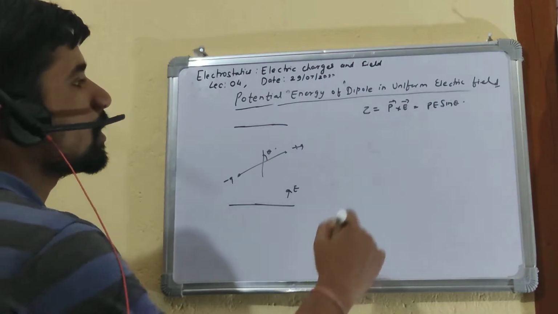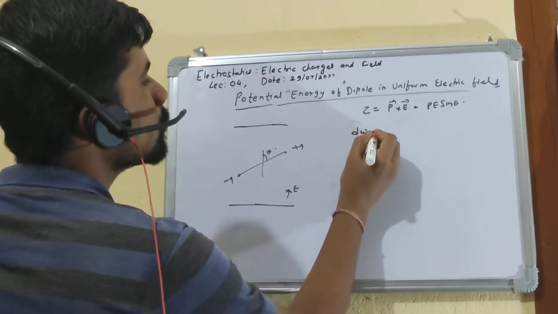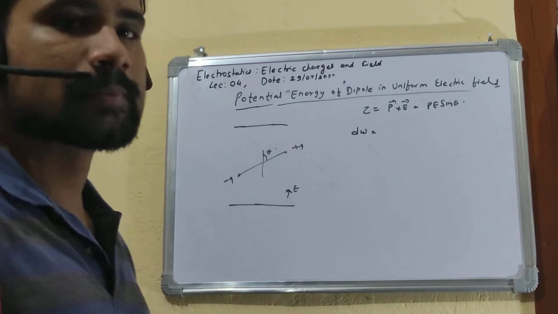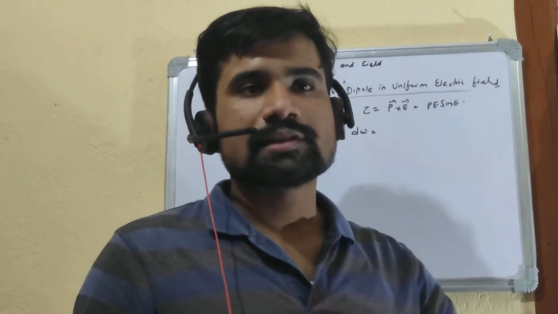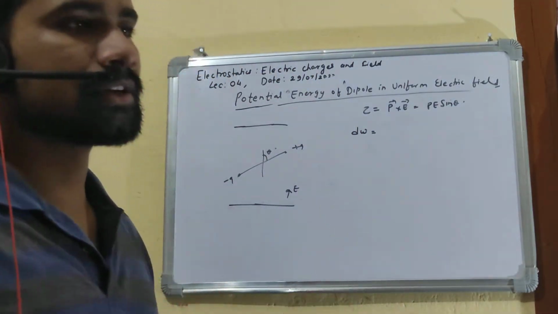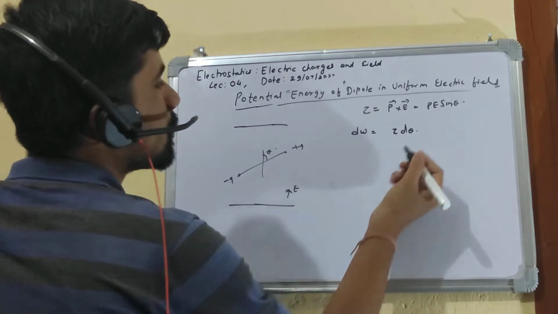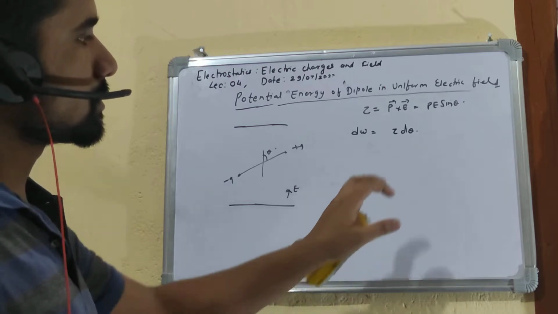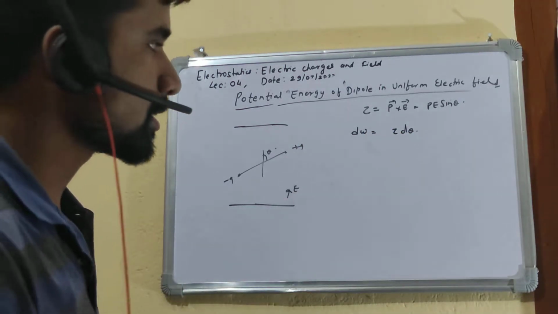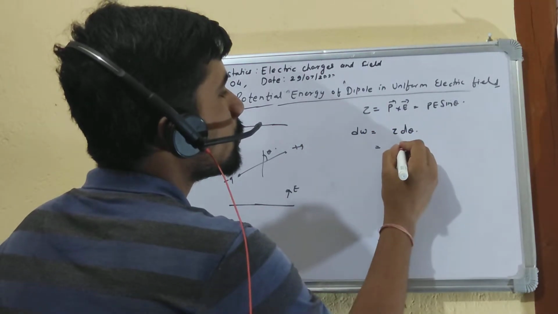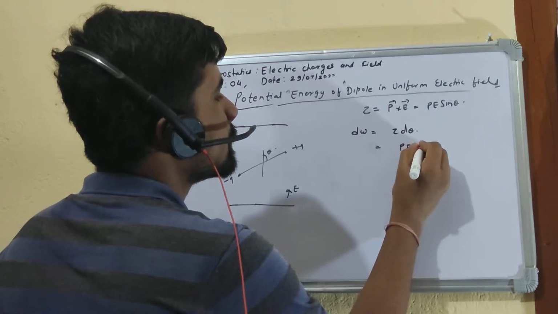So what is work done? Work is force into displacement in terms of translational motion. But what about rotation? In rotation, when torque comes into the picture, I'm talking about small work, which involves a small theta, if I need to rotate it by a small theta. So what exactly is the work? PE sine theta d theta.